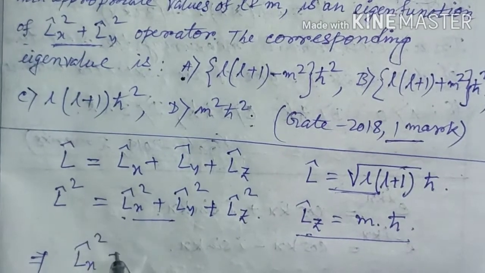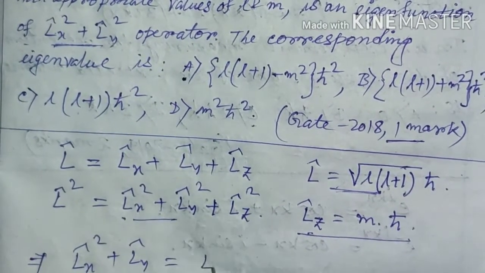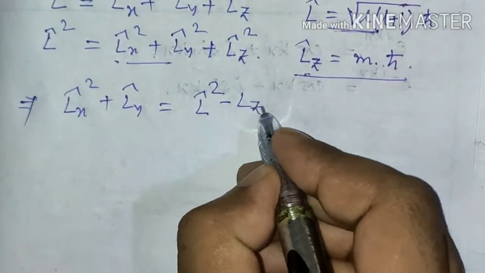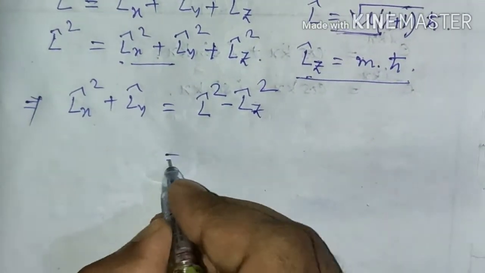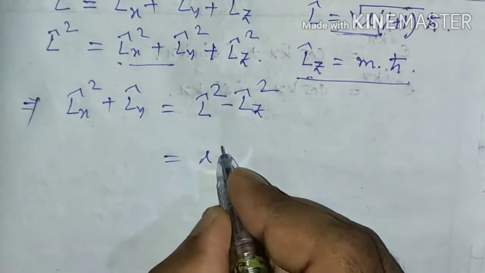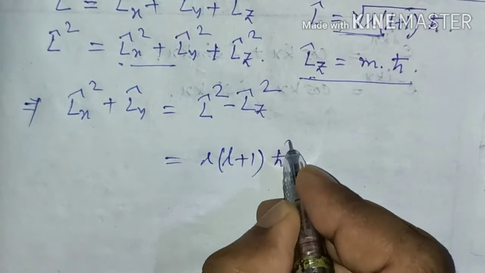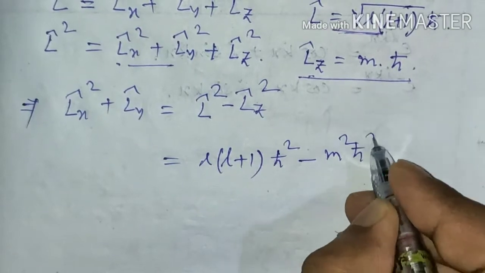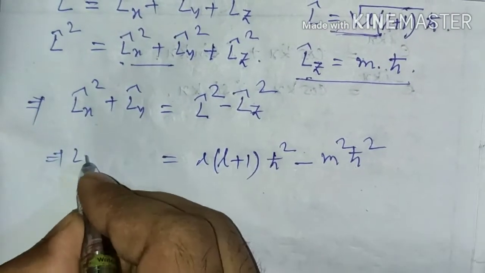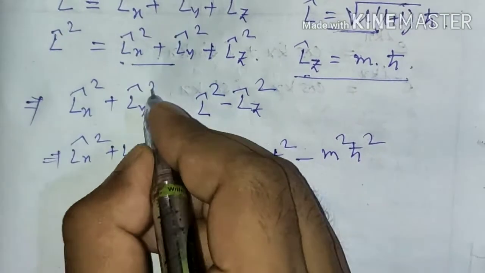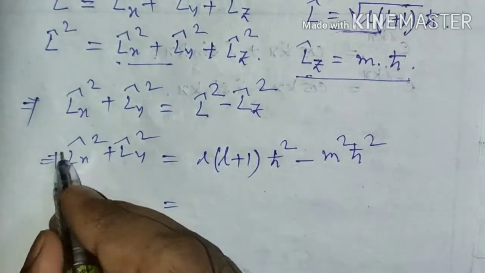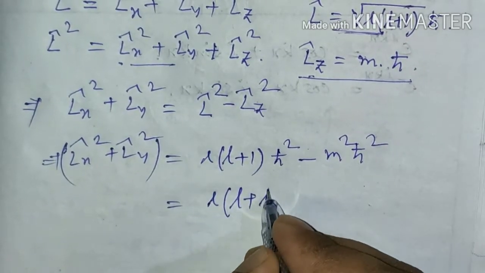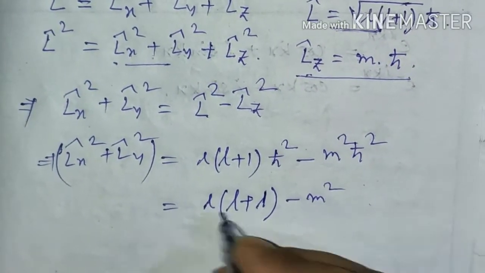Here Lx square plus Ly square is equal to L square minus Lz square. If we put the value of L square, we will get this, and if we put the value of Lz, that is m square h cross square, that is the value of this term.